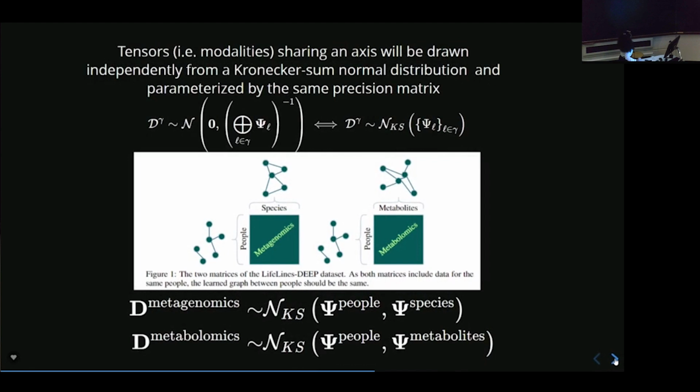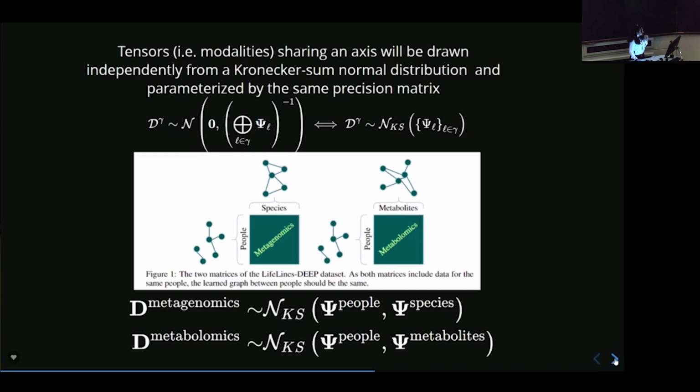So, just from a modeling point of view, the tensors, meaning the different modalities that are sharing axes, will still be drawn independently from these Kronecker sum normal distributions. You can imagine precision matrices along each dimension, and then the big precision matrix is given by the Kronecker sum of all of them.